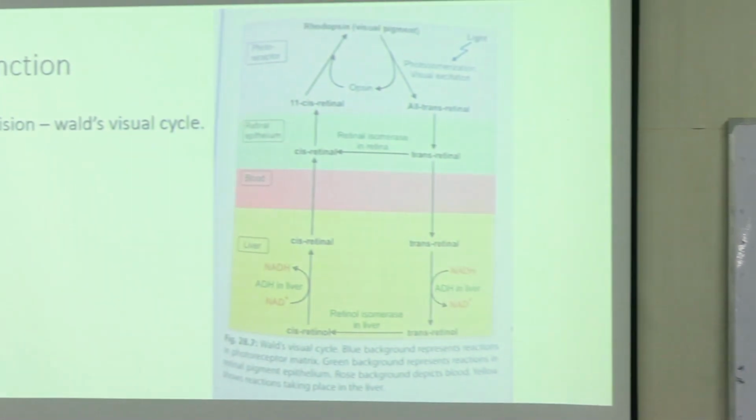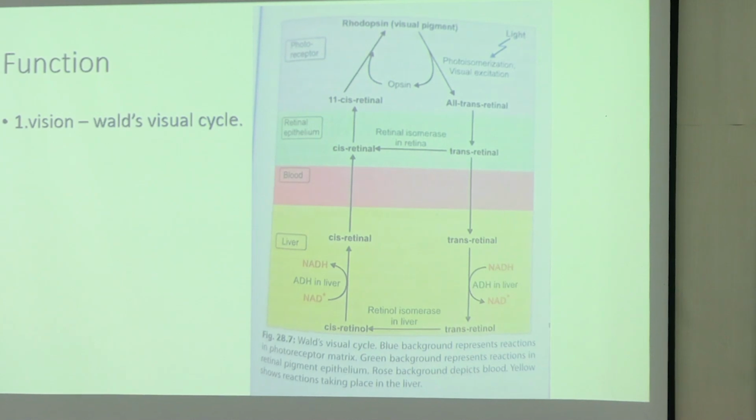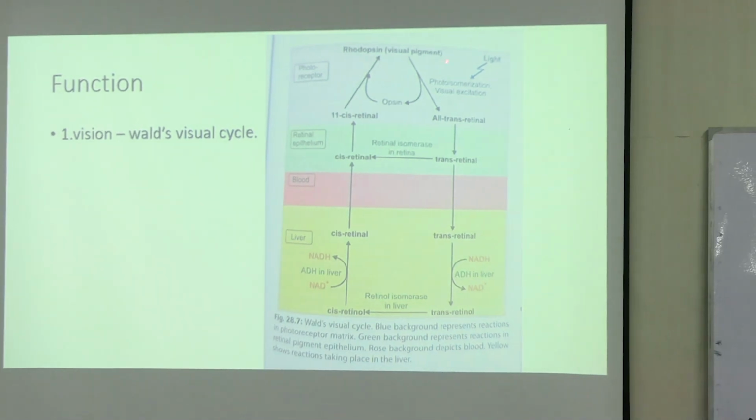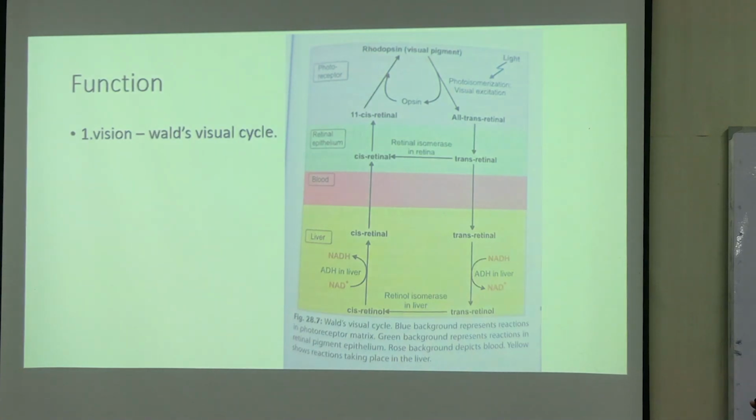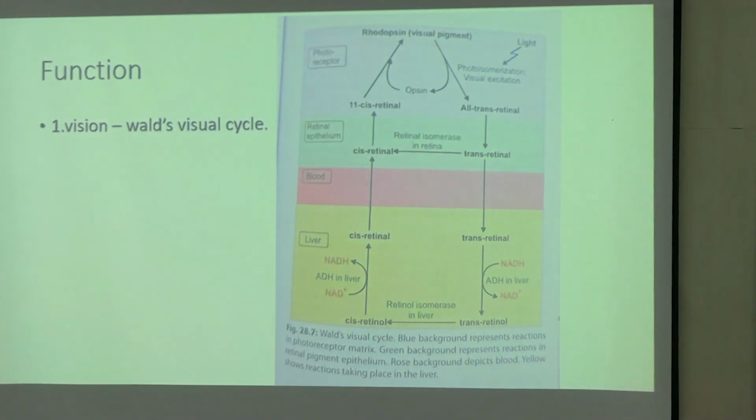When light hits the retina, the rhodopsin converts to all-trans retinal and opsin. This is actually light bleaching, which occurs by photons. Light is a packet of energy. This is called a photon. You all know photon.